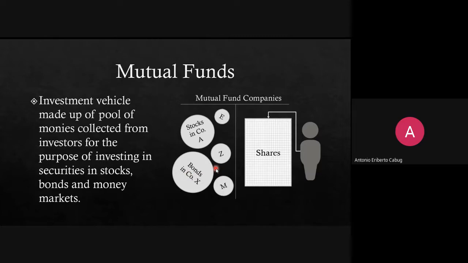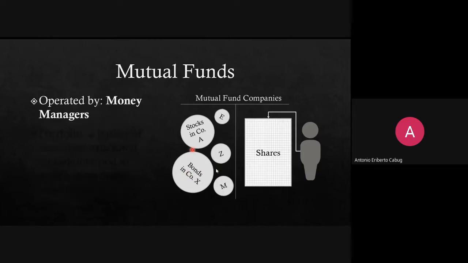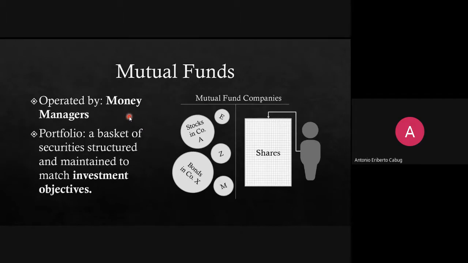So when you talk about mutual funds, they are operated by money managers. They rely on the expertise of the money managers, which is the investment advisor or the fund manager. What basically happens is the mutual fund company will invest in different securities.